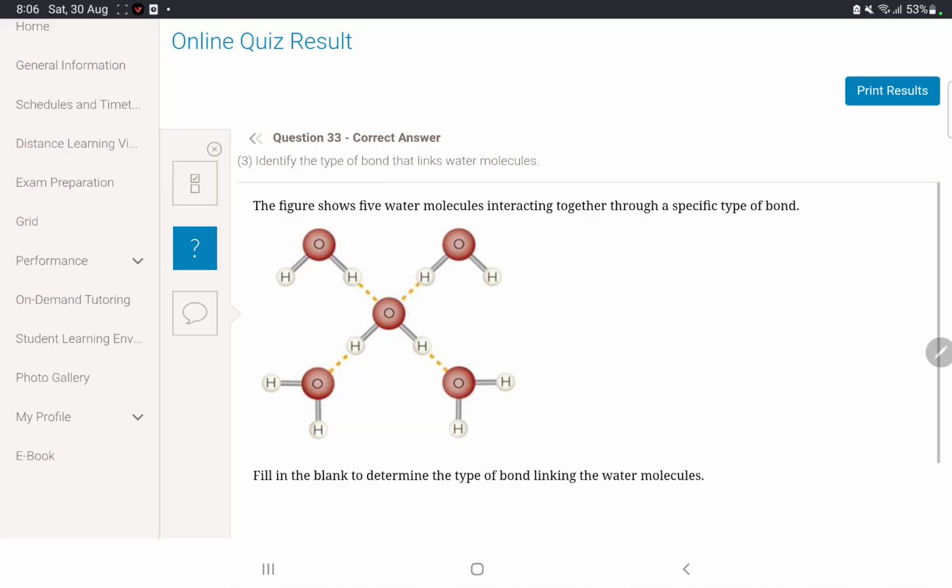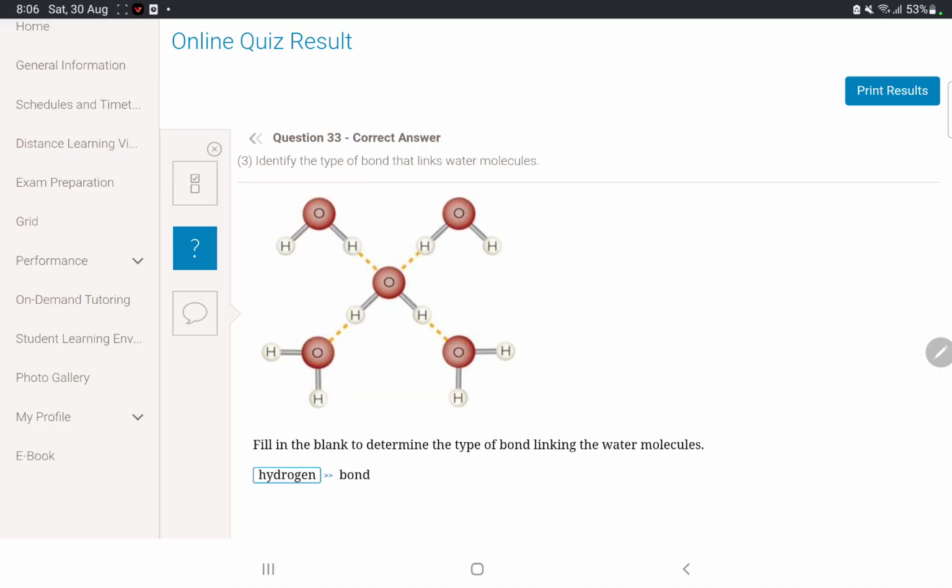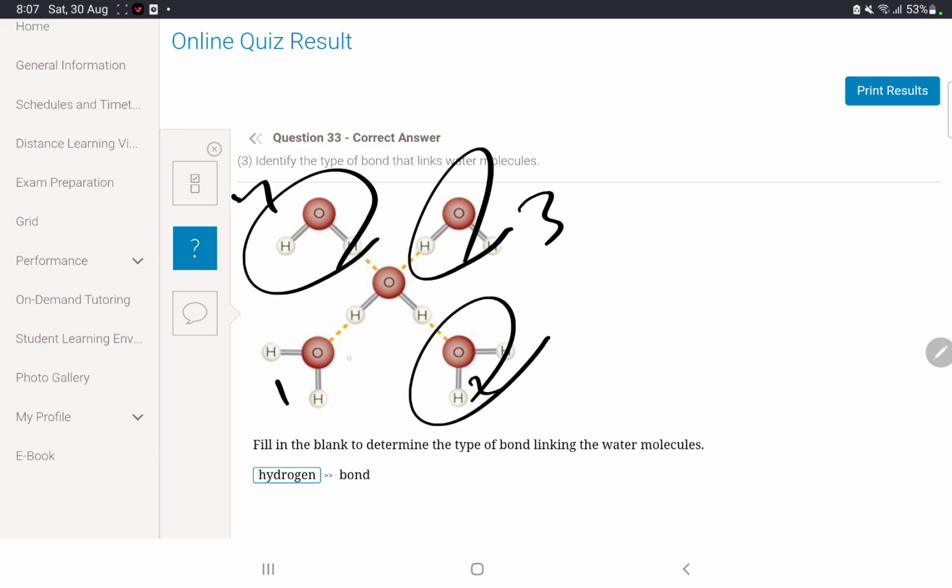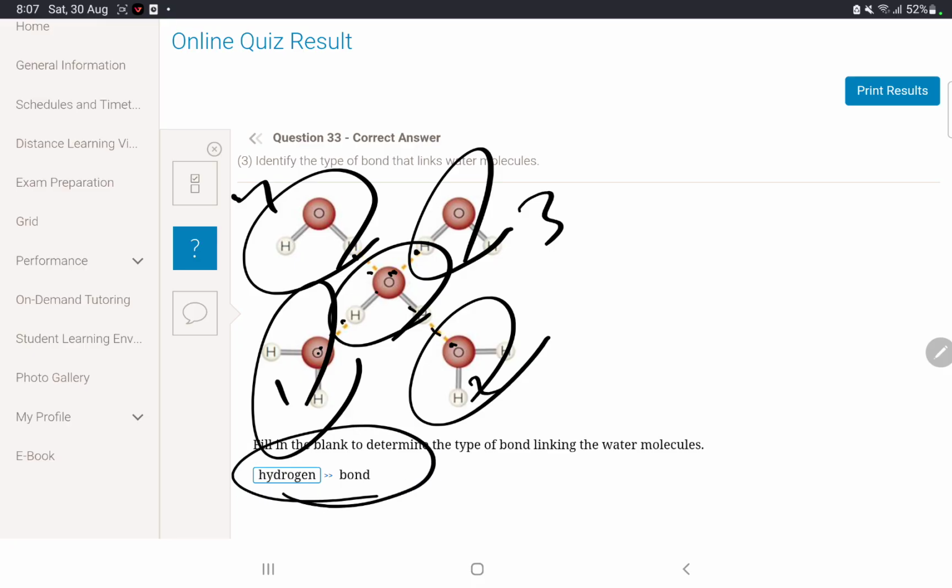Last question, thank God. Fill in the blank to determine the type of bond linking the water molecules. Guys, 1, 2, 3, 4. This is 1, this is 2, this is 3, this is 4. This is 5. Actually, they are not the same molecule. They're different molecules. This is why it's called a hydrogen bond.